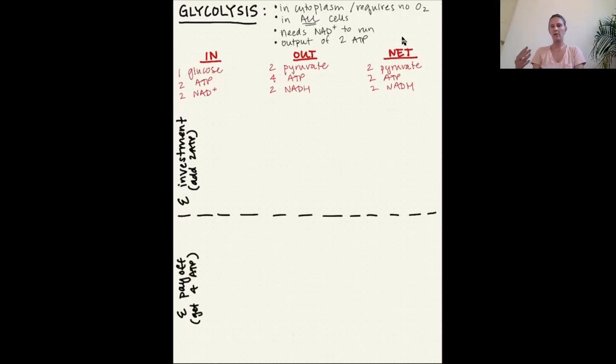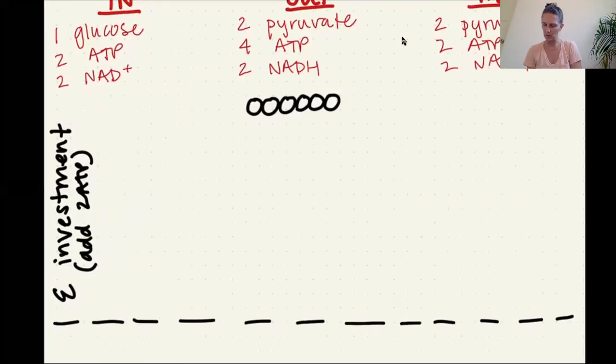So whenever I go through cellular respiration or photosynthesis, the key is to keep track of your carbons, all right? So I draw carbons as little circles. Glucose has 6 carbons, and if you zoom in, you can label these 1, 2, 3, 4, 5, 6 little carbons.